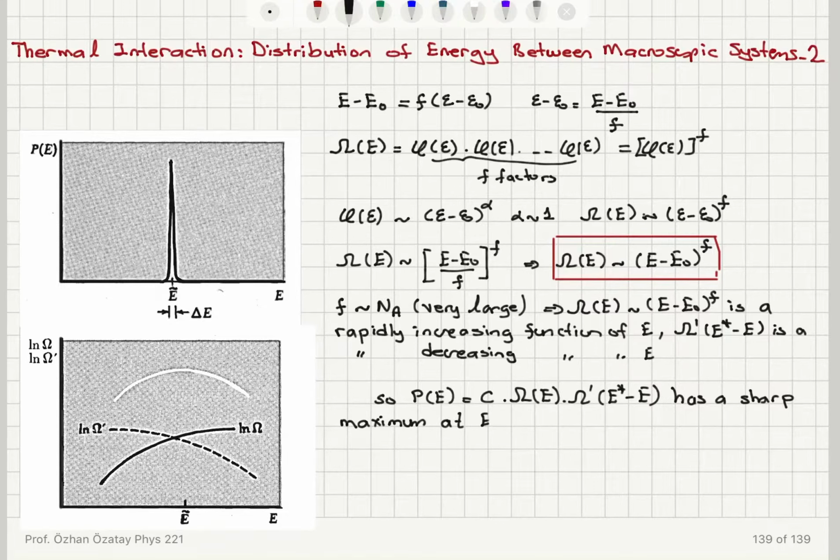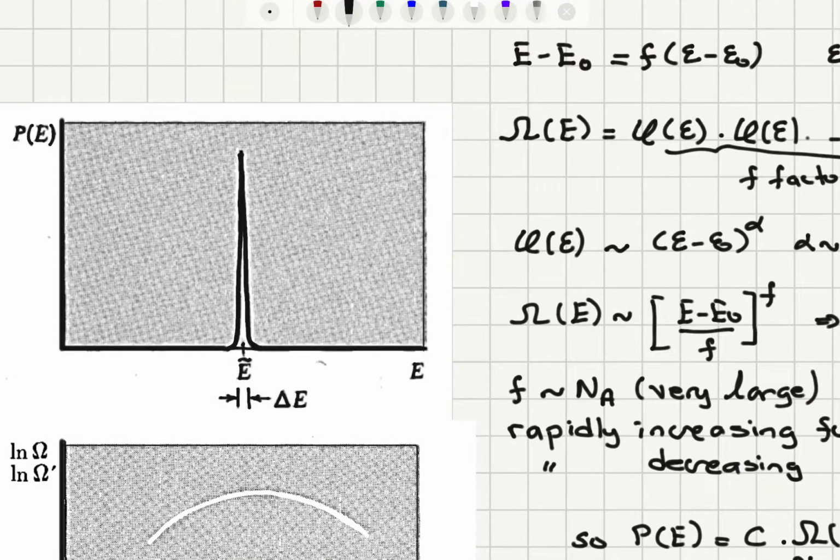It has a sharp maximum at some energy value I'm going to call E tilde. So you can see here how we envision this. The probability of the system A having an energy E has a very sharp maximum at E tilde, with the width of this peak being delta E.